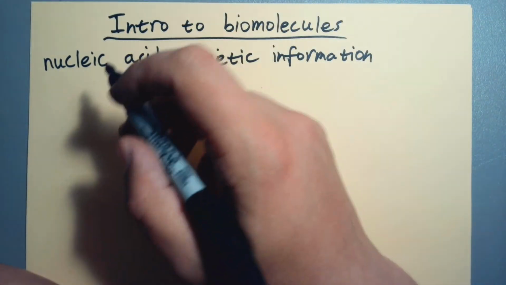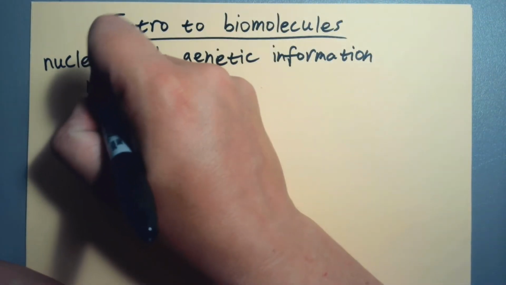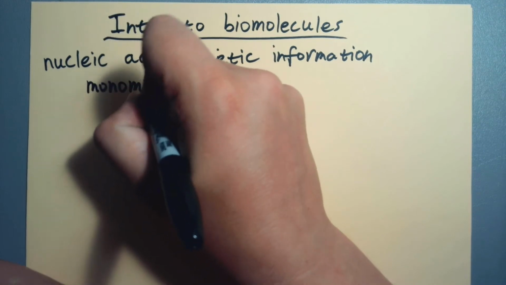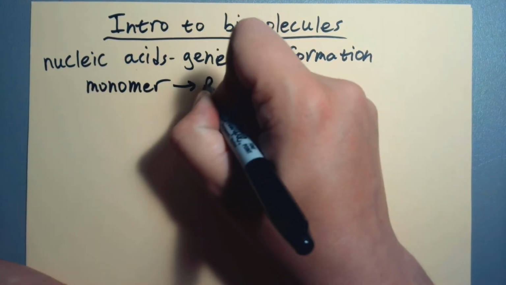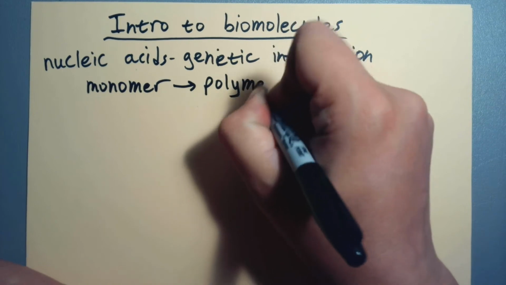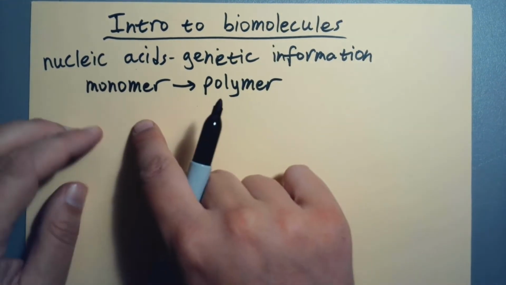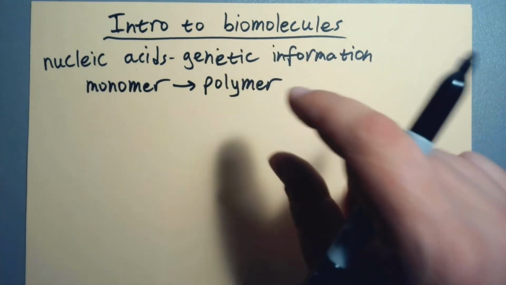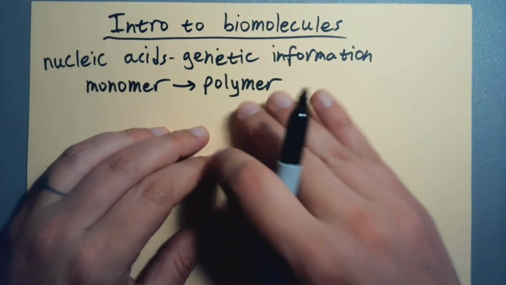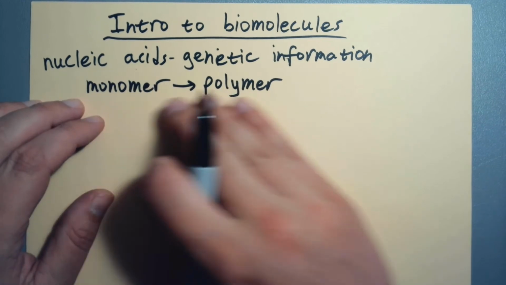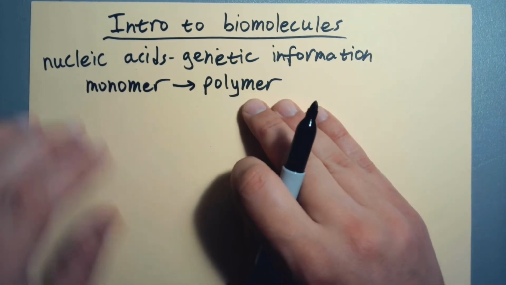What we call this is a monomer to polymer structure. A monomer is like a single unit, like a brick. And a polymer is like when you build a wall out of bricks. There are multiple bricks in a wall. That's a polymer. So monomer is one, and polymer is many.